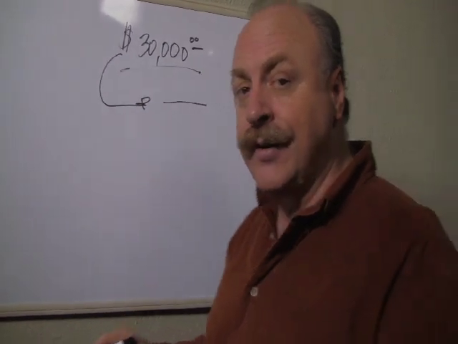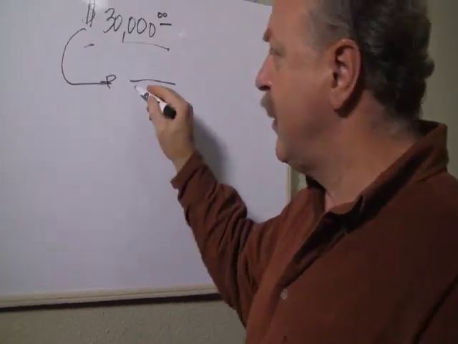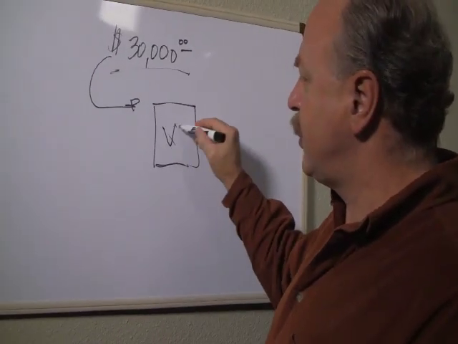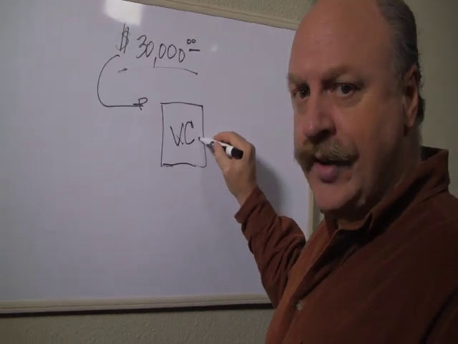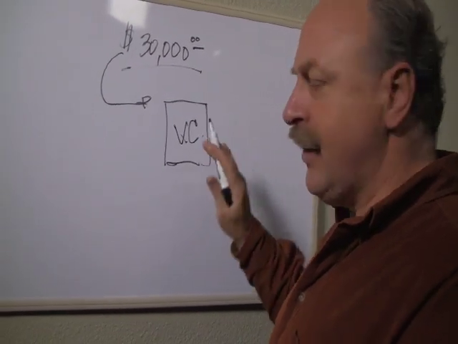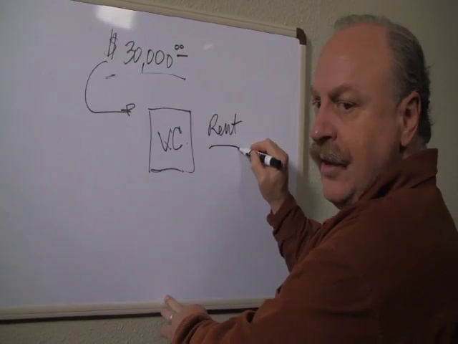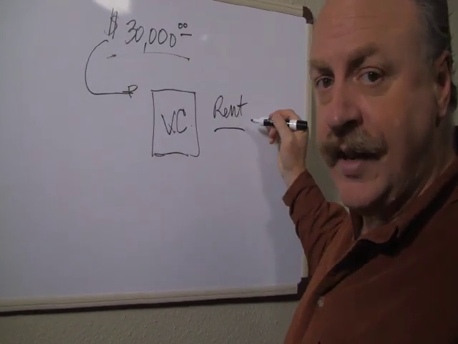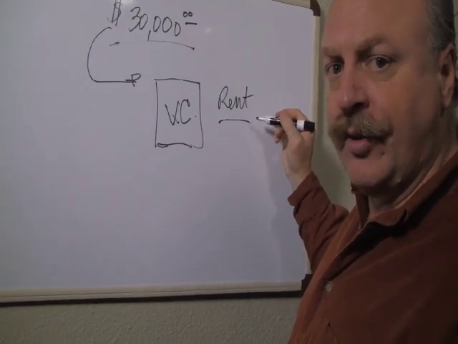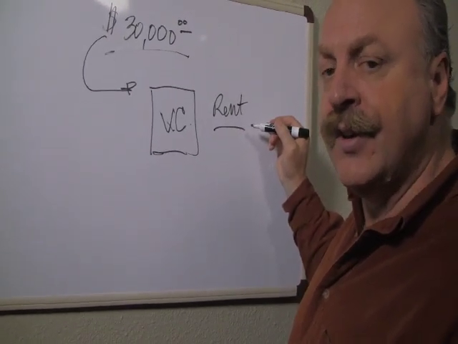What we're going to require of you for that is a copy of a voided check, and in addition, in the event you're leasing or renting, we're going to check with your landlord and make sure you're caught up on your rent or your lease.